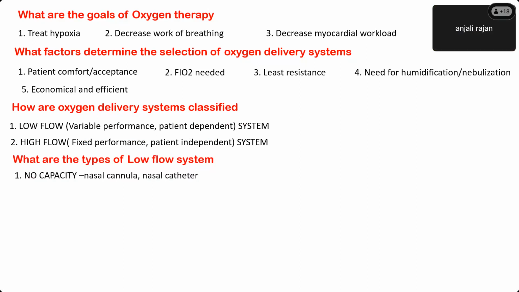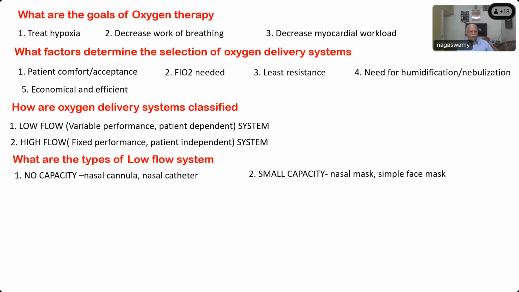It can be classified into three categories. I am giving you the first clue. It is called no capacity: nasal cannula, nasal catheter. What could be the other two? It's called a no capacity cannula. There is no reservoir, nothing. The continuous flow is there, and the patient has to breathe from that.